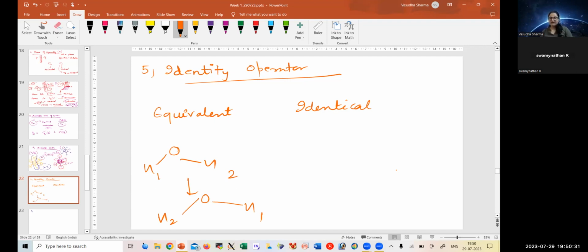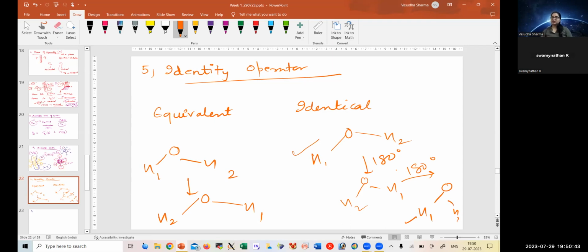But if I give it a 180-degree rotation, it would come as H2, H1. Another 180-degree rotation, it will give me H1 and H2. So this H1 and H2 and this H1 and H2 are similar. They're properly identical. So that is where we call it E. This is the identity operator where E is your symmetry element that is existing and which is giving you an identical symmetry.